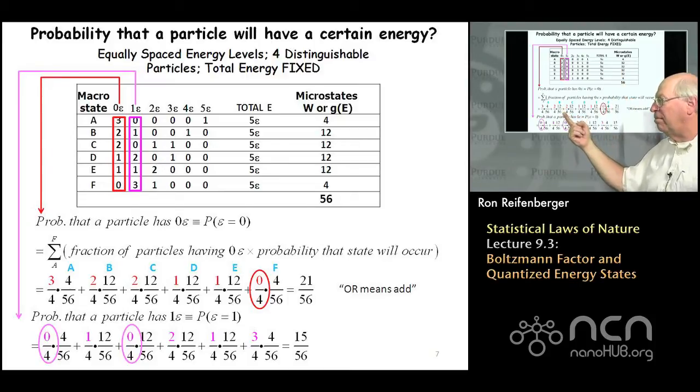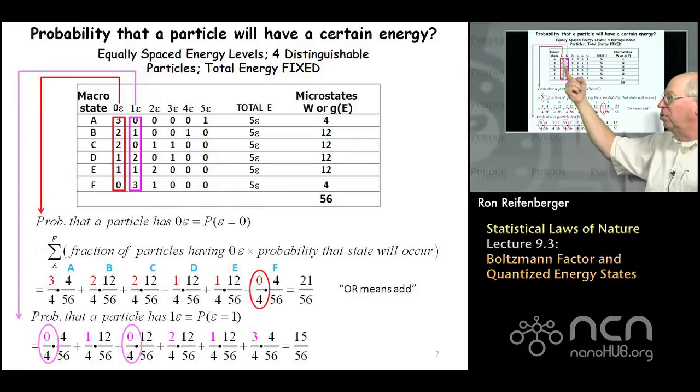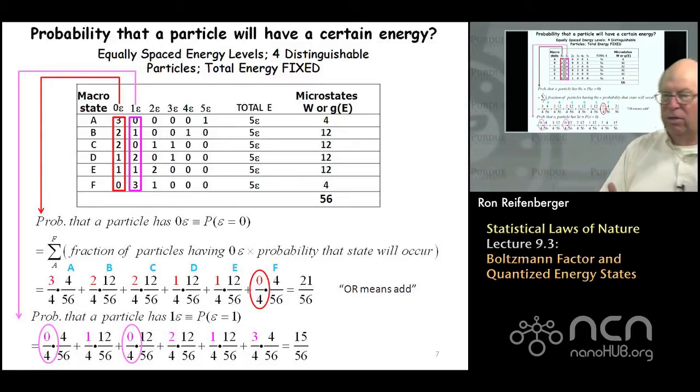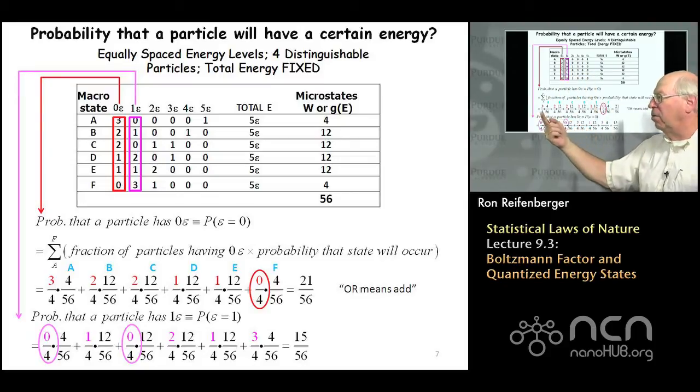Since 2 of those 4 particles could be in the 0 energy state, I multiply the probability by this factor 2 over 4, which tells me the fraction of particles that have 0 energy if I sample a particle from macrostate B.